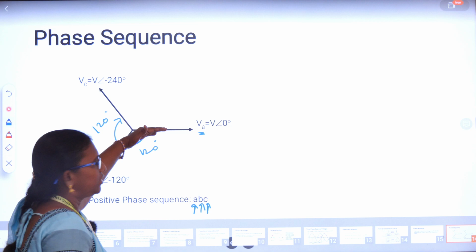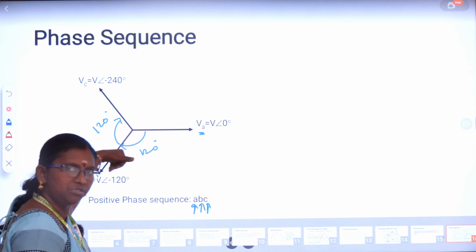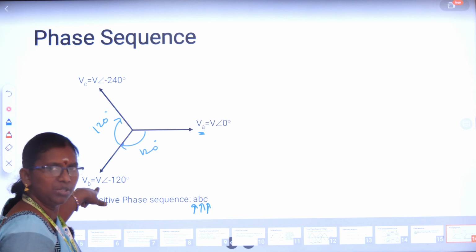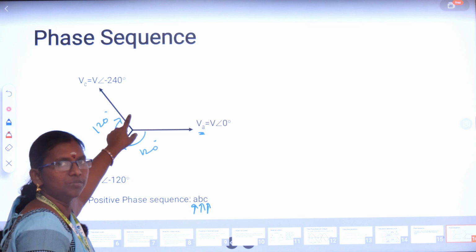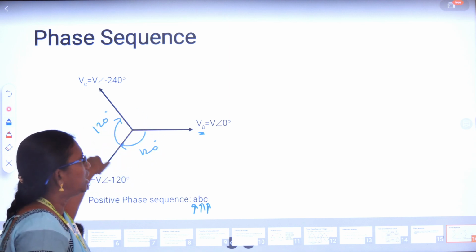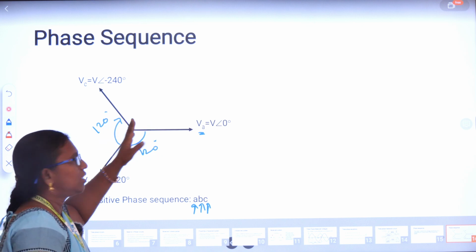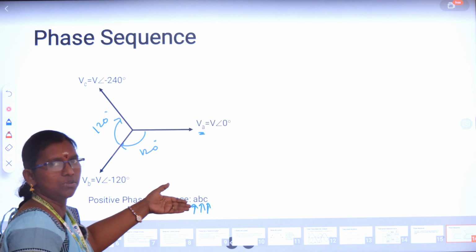So after VA started, after a phase shift of 120 degree, VB is starting, and after this VC is also starting. So this is the sequence in which the peaks are reaching their maximum. This is the order. That is why it is called a positive sequence.